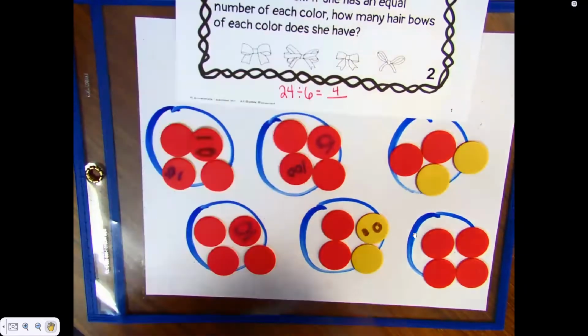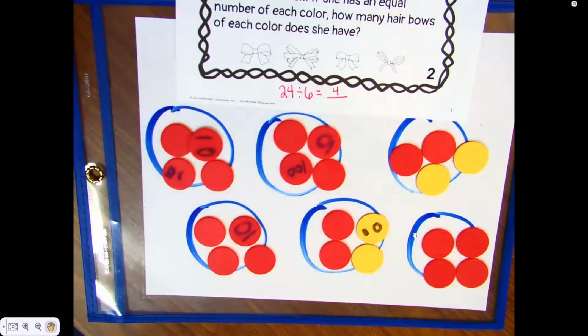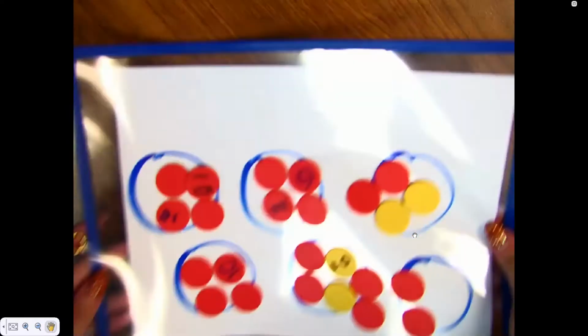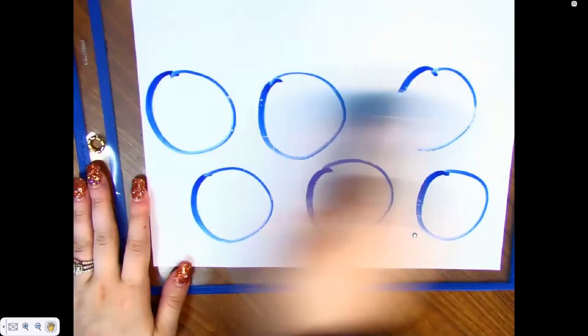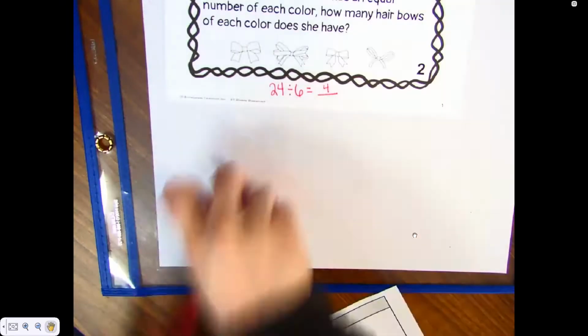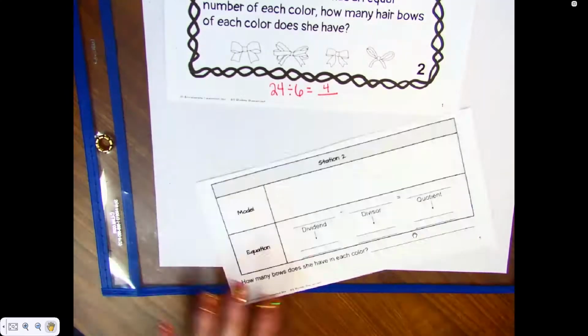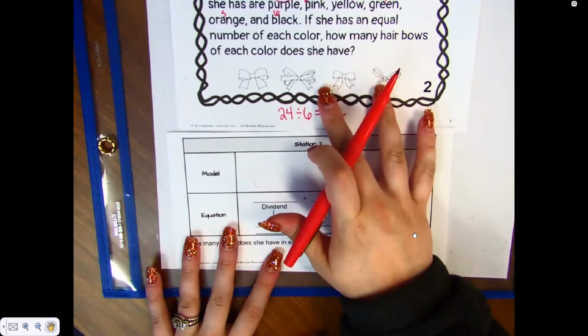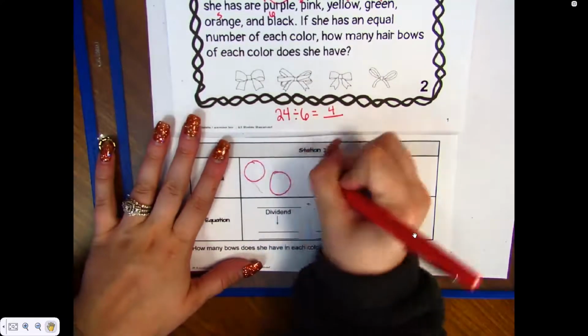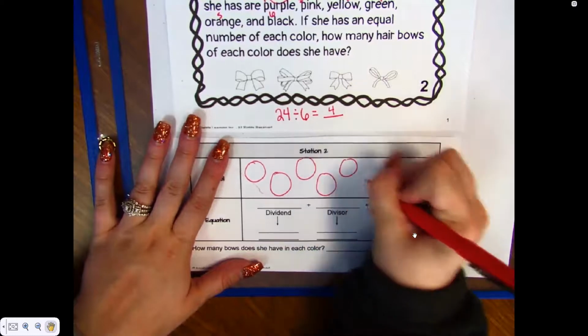So now look, I'm going to show you how you would do this if you were going to draw it. So if I was going to take my scenario and model it, I would do 1, 2, 3, 4, 5, 6.